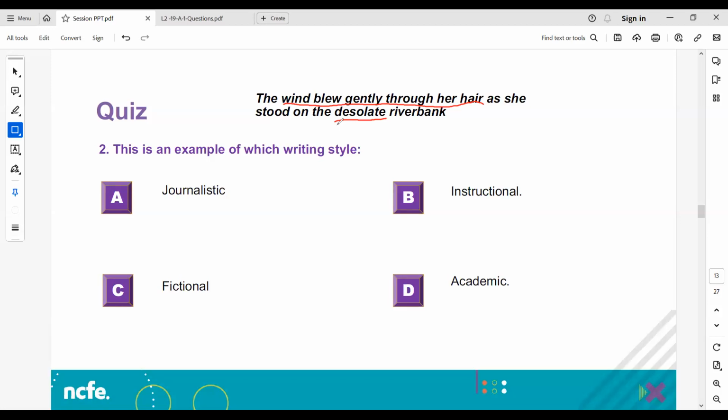So it's quite an emotional word to use. In a factual, journalistic text, for example, they wouldn't use that. You might sometimes, but it would be unlikely that you would see such an emotional description.